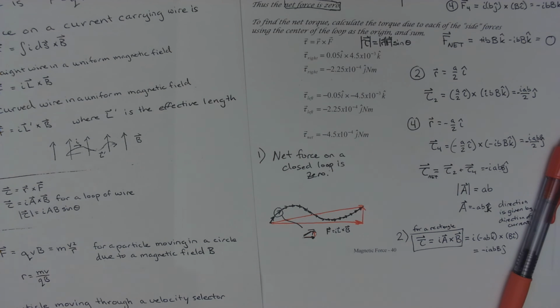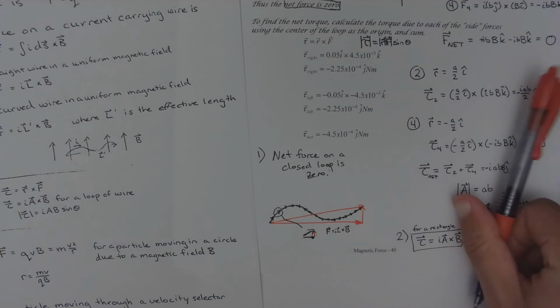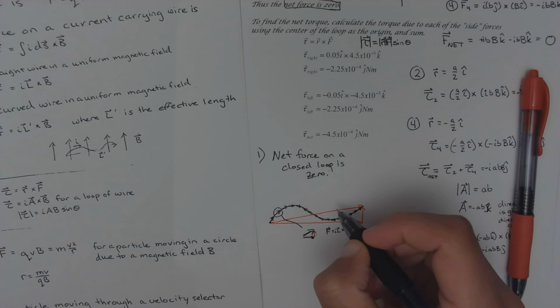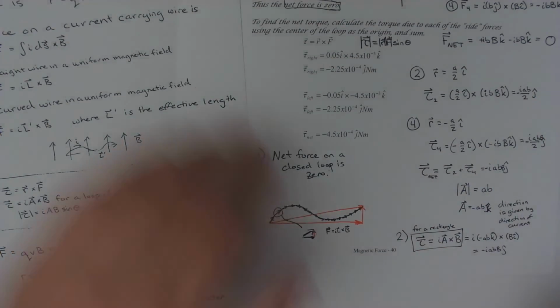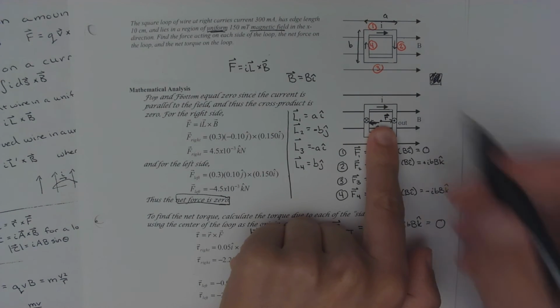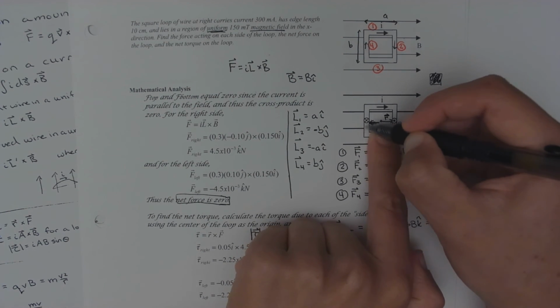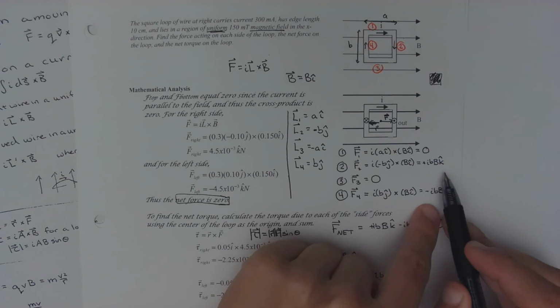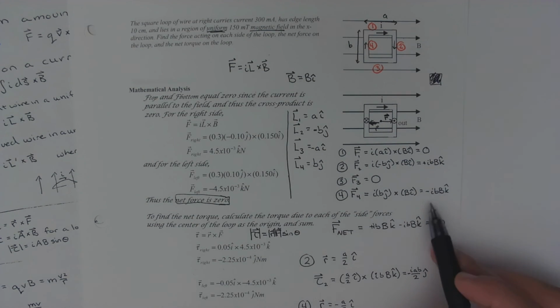Or if we had a more interesting shape for the wire where we curl around and go back the other way. So let's say, going back to my square here, if I took this side out, if I go up and then I go over and I go back down, well, when I go up and when I go down, I get the same magnitude for the force on those two sides, but the opposite sign.